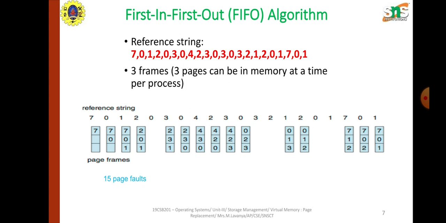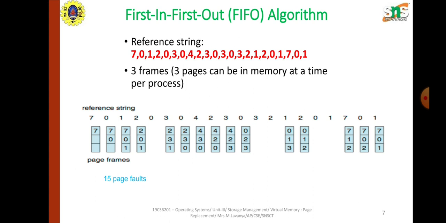Comparing these three, 0 is the first arrived data. So we are replacing 0 with 3. Then the next data arrived is 0. Comparing 4, 2 and 3, 4 is the first arrived data. So we are replacing 4 with 0.